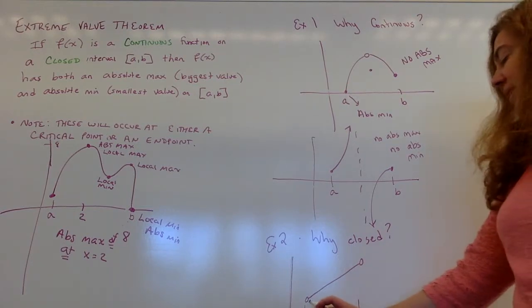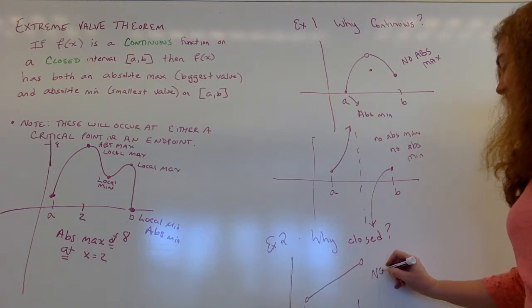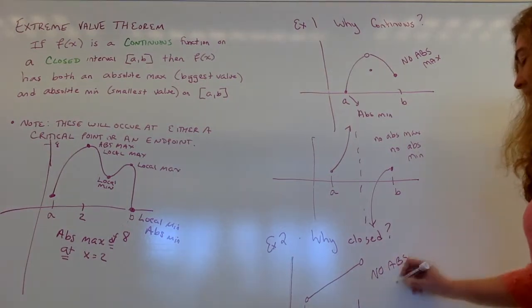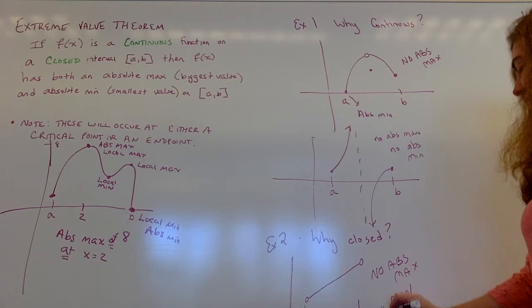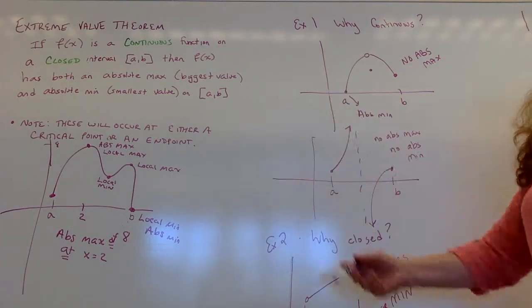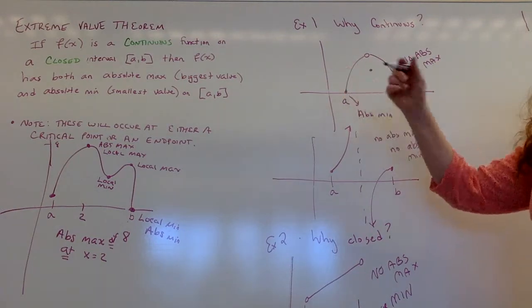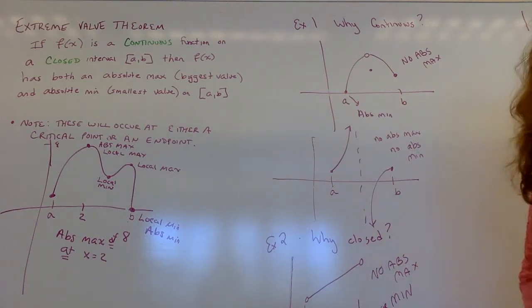Similarly over here, we're getting closer and closer, but there's no smallest value. So again, the theorem is talking about guaranteeing it. So no absolute max or min here. So in order for you to be guaranteed it, you have to be both continuous and closed.